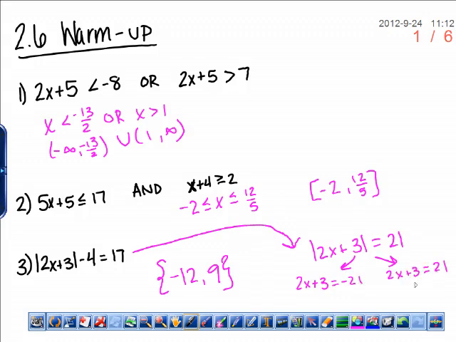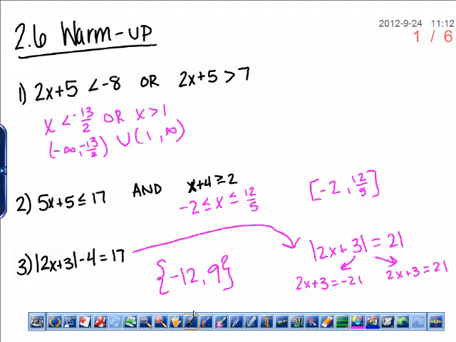If you just got 9, if that's the only answer you got, you never took into account the absolute value. You cannot just ignore that the absolute value is there and try and solve it like a normal equation, because then you've just completely disregarded the purpose of the question and you made it an Algebra 1 question instead of an Algebra 2.